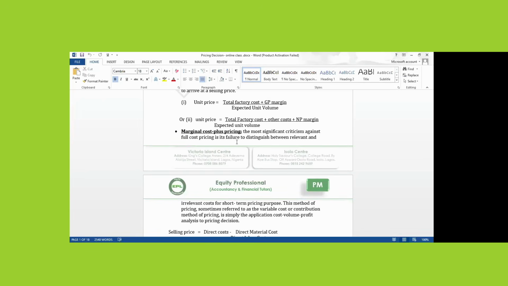The fixed cost will be incurred whether you produce or you don't produce. This is number 2 method.